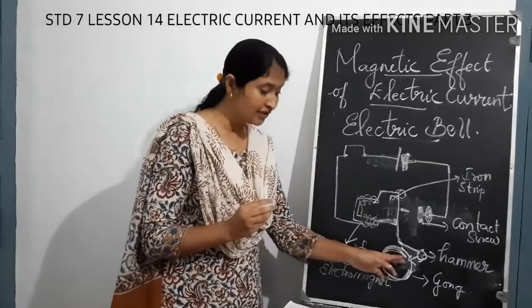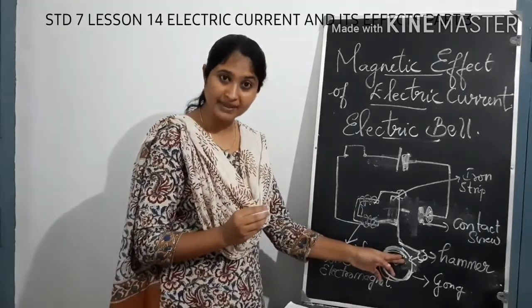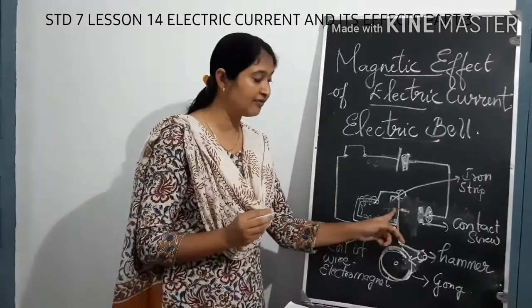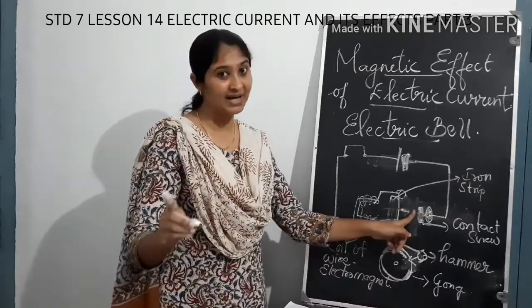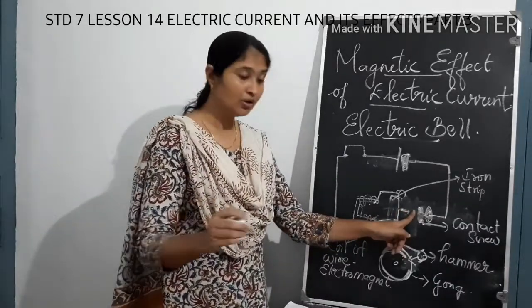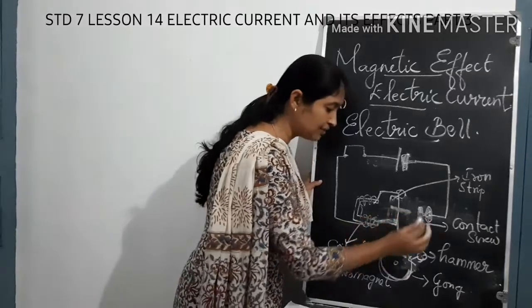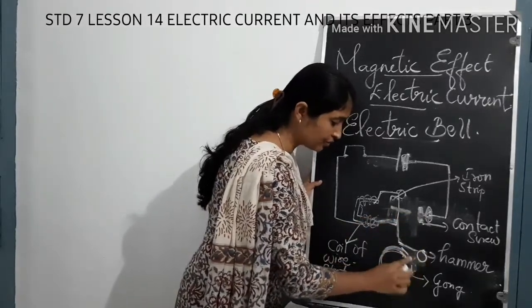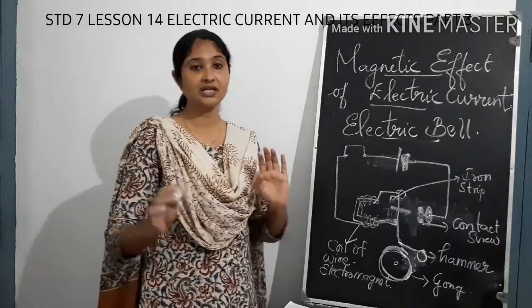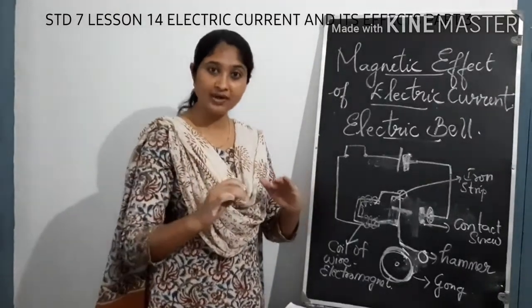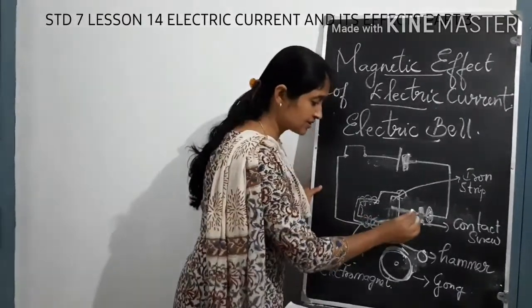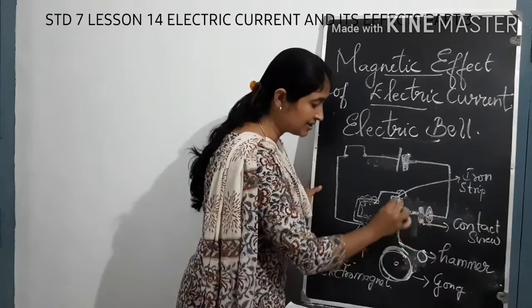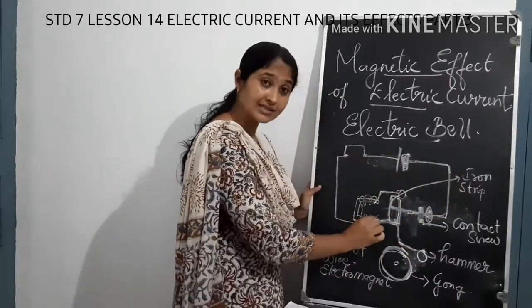So after you hear this sound, what happens? Immediately when this is far away, no longer does the current pass. So this will go back to the original position. The hammer also will go back to the original position. Now the sound is stopped. Again when the screw touches this iron strip, electricity is passed.